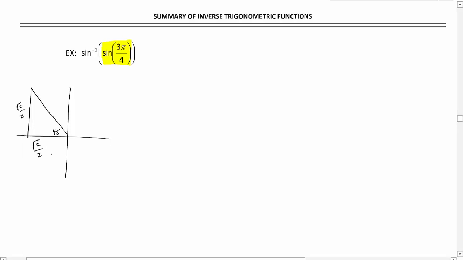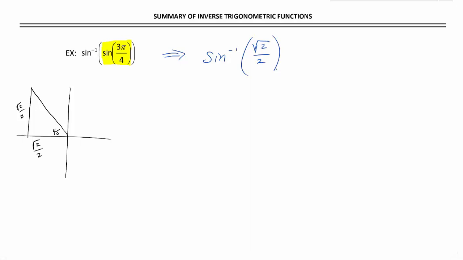And the sine value of that triangle there is square root of 2 over 2. So this now becomes sine inverse of square root of 2 over 2. Okay, now we have to find the angle that sine ends up being square root of 2 over 2.